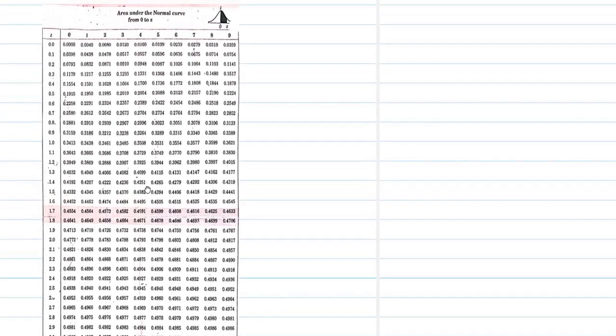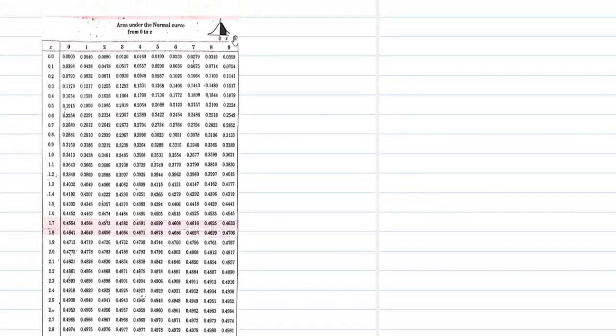We will try to recollect the properties of the normal distribution curve. The normal distribution curve is a bell-shaped curve, and the total area under this curve is equal to 1.